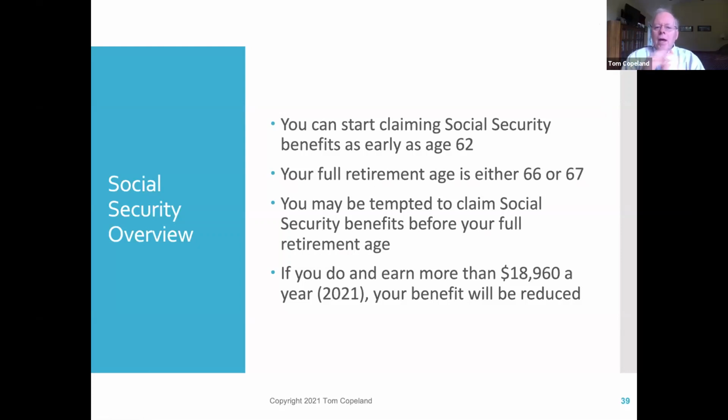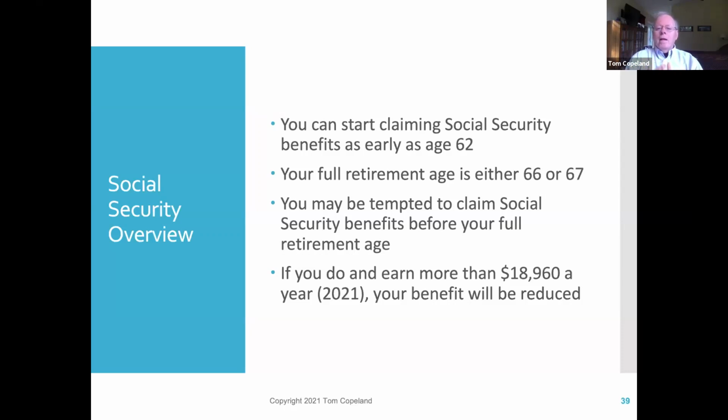Now, you may be older than age 62 and still working, and you're thinking, maybe I should claim Social Security before my full retirement age. Maybe you want to do that because you're hurting financially now. You've lost children. You're not making a lot of money. You need more money. You're eligible for Social Security. Why not take it?